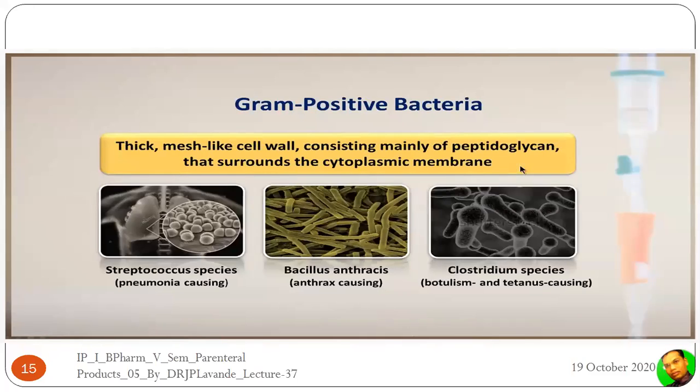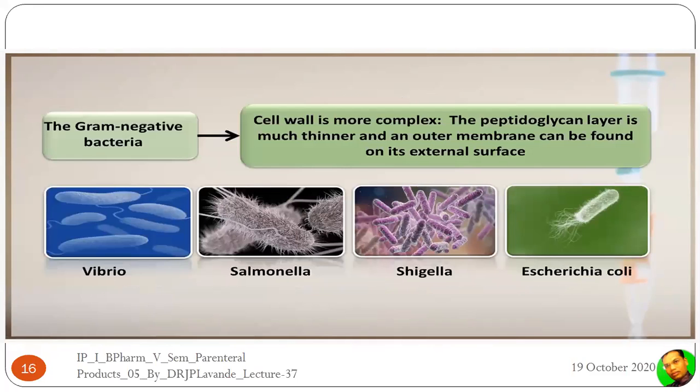The different examples of the gram-positive bacteria are Streptococcus species, which is responsible for producing pneumonia, that is the infection and inflammation of the lungs. Then there is Bacillus anthracis, which is responsible for causing anthrax. And there are Clostridium species, which are the botulinum and tetanus causing bacteria.